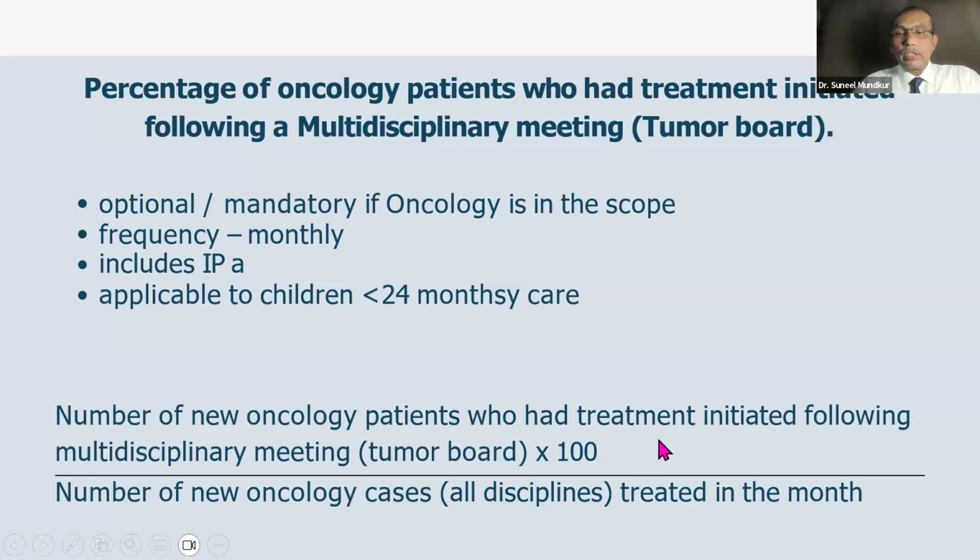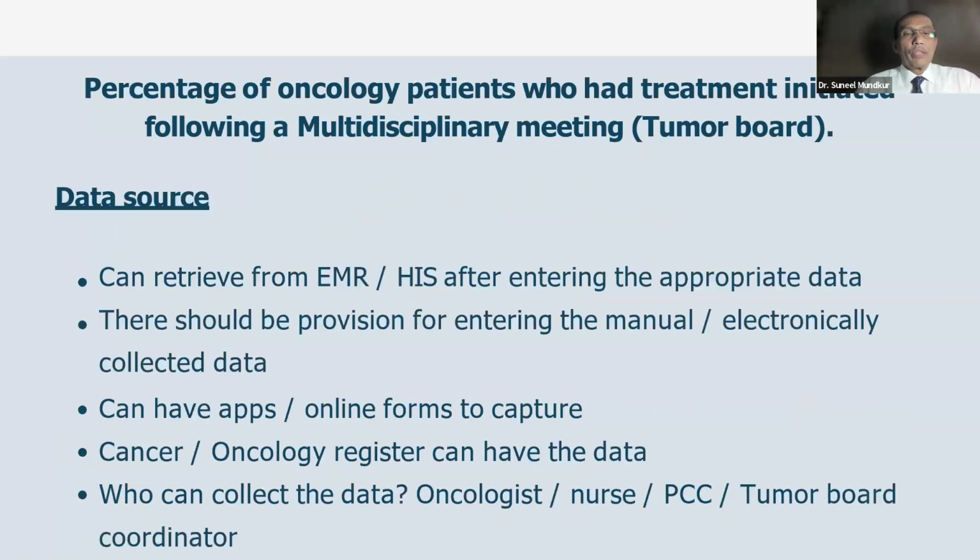The numerator for this indicator is the number of new oncology patients who had treatment initiated following multidisciplinary team meeting or tumor board discussions, multiplied by 100, divided by the number of new oncology cases. This includes all disciplines. That means it may be pediatric, it may be radiation oncology, or any other branch of oncology for that matter.